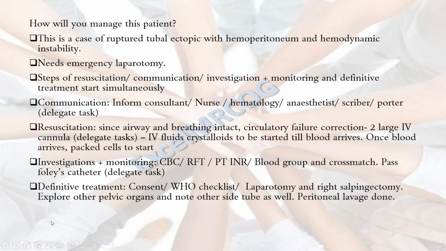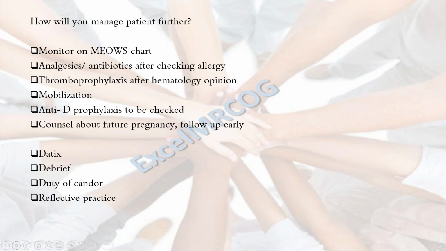So consent, WHO checklist, laparotomy, antibiotics also you can make a mention of over here after checking allergies, and shift to theater. As far as the post-op management, yes, you did a very good job. You gave a very elaborate explanation of your post-op management. You can mention points. You would monitor on MEOWS chart in an HDU or an ICU, depending on her condition. Analgesics, antibiotics after checking allergy.